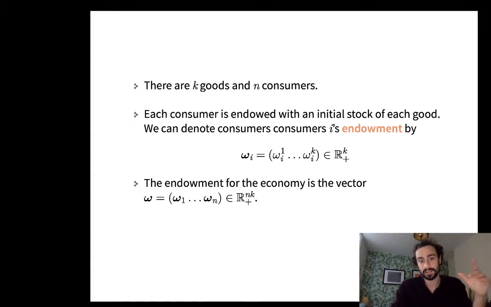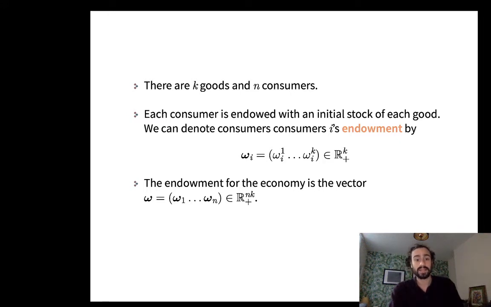But omega, the thing that looks like a W, bold-faced omega i, omega subscript i, is the endowment of consumer i. The endowment of consumer i is itself a vector, and it determines omega 1i, omega 2i, omega ki, where each omega ki is the amount of the kth good that consumer i has.